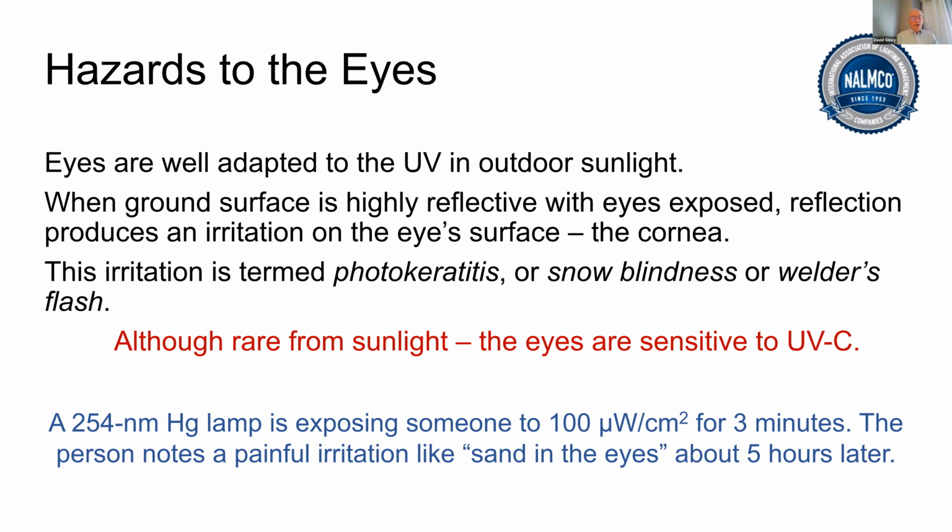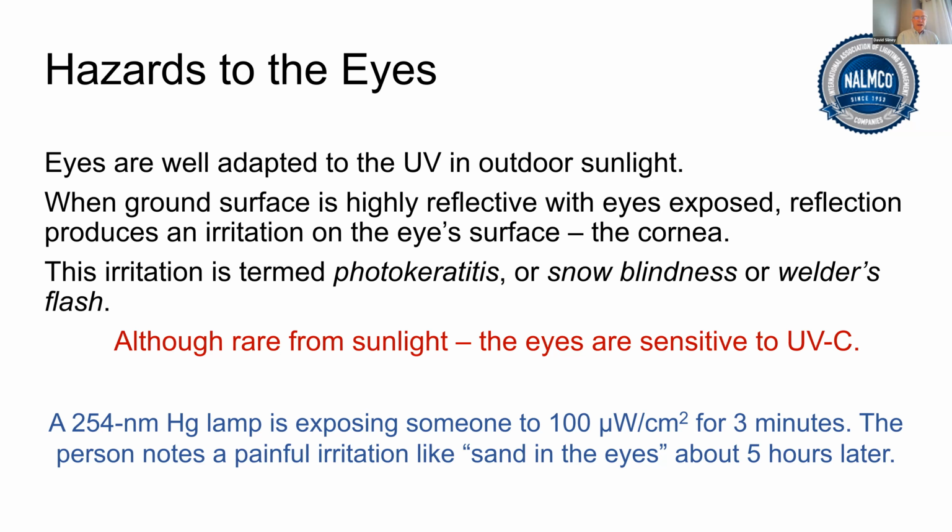Another place where we have experience with photokeratitis is welder's flash. And that's because arc welding produces a lot of UVC, and the welder has to be well protected, not only for the eyes, but also for the skin. And they wear a very protective welding helmet for that situation.